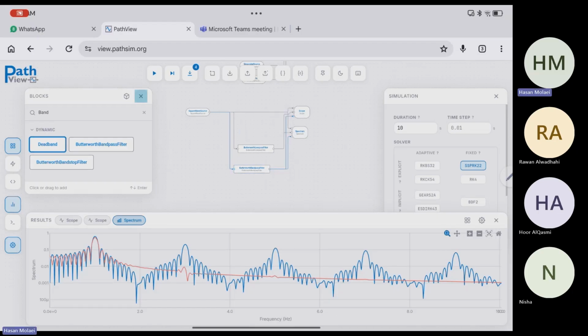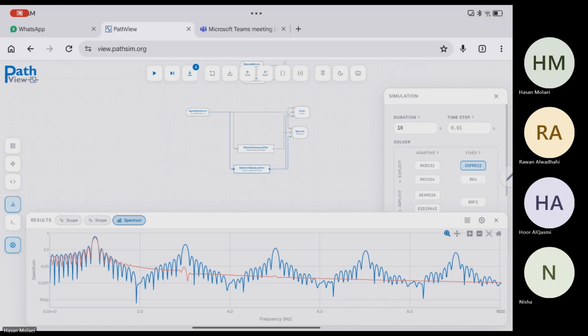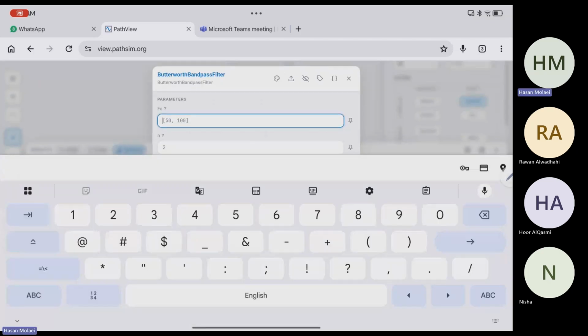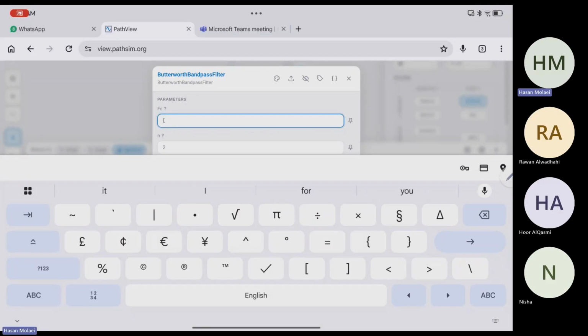How does it work? I need to set the low band and high band that this band pass is going to pass. The other frequencies are going to be deleted.